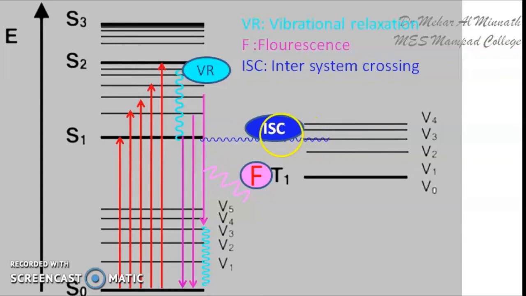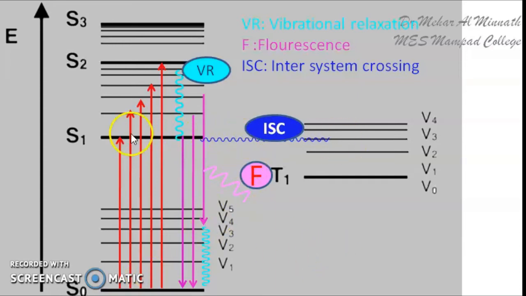So here, during this transition from the singlet state to the triplet state, the spin of the electron changes. Earlier, the electron over here had antiparallel spin to the electron in the ground state. Now, when it goes to the triplet state, the spin of the electron becomes parallel to the spin of the electron in the ground state.